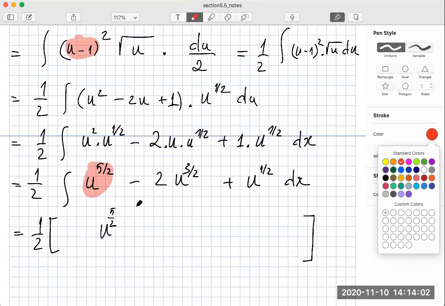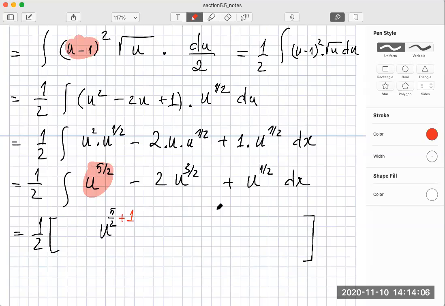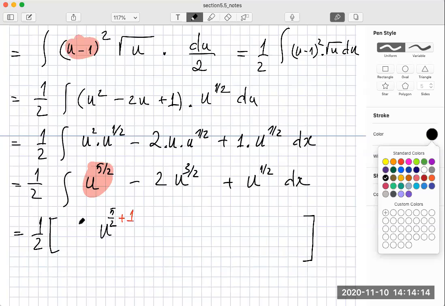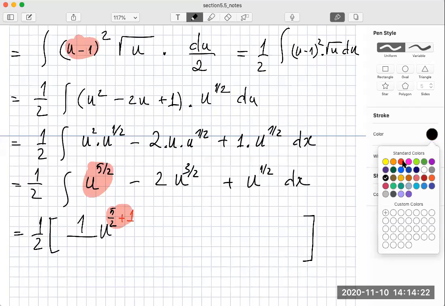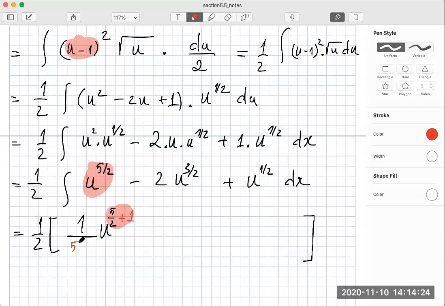Yes, let us do it slowly. u to the 5/2 plus 1, right? And remember, for the antiderivative, we add 1, but then we need to divide by this new power, which is 5/2 plus 1 here, okay?